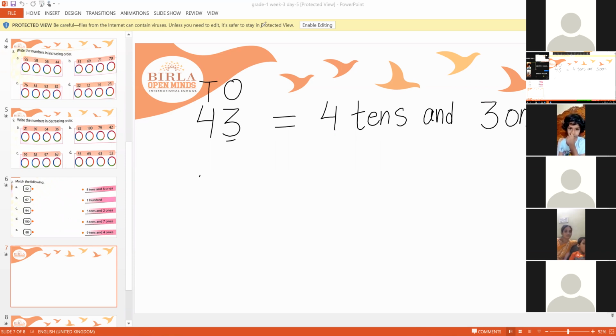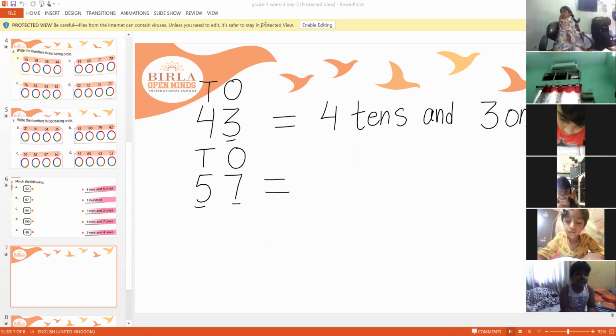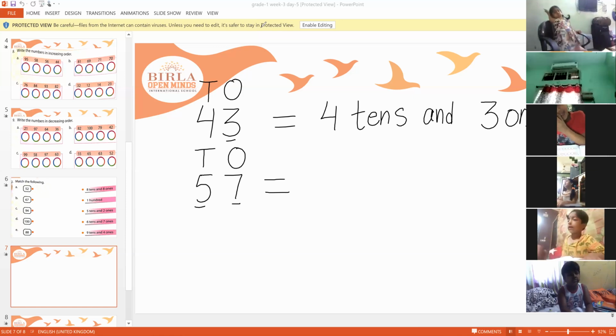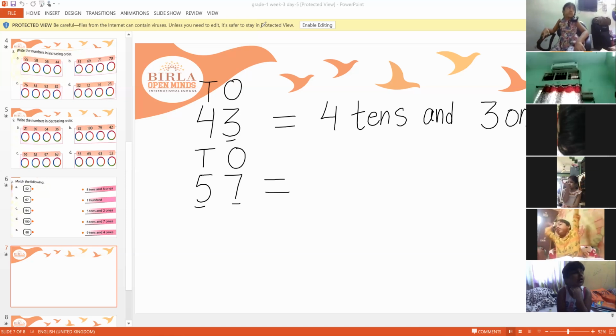I'll give you one more example. Suppose the number is 57. Again, see here, children. In ones place, we have 7, and in tens place, we have 5. So again, we can write this number 57 in tens and ones form.